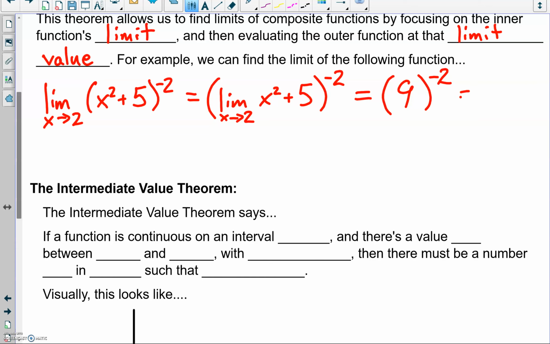So we can just evaluate this and get 1 over 81 as our overall limit. So again, focusing on the inner piece allows us to evaluate that separately and then apply the outer function, in this case that negative 2 power, in order to get to the answer.